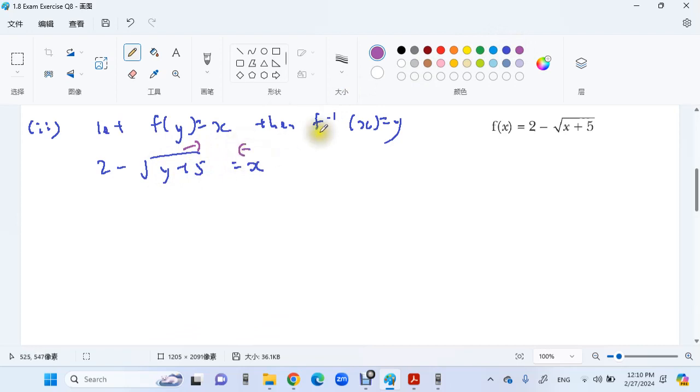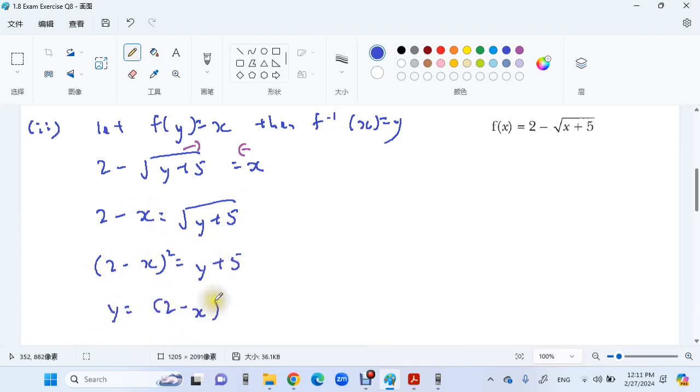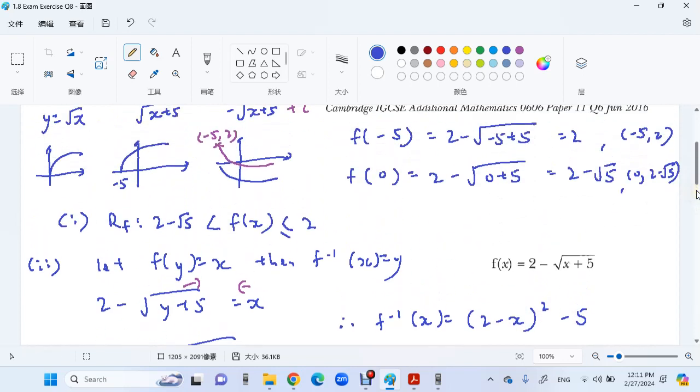So we move this to the right hand side. 2 minus x equal to square root of y plus 5. So (2 minus x) squared equal to y plus 5. So y equal to (2 minus x) squared minus 5.